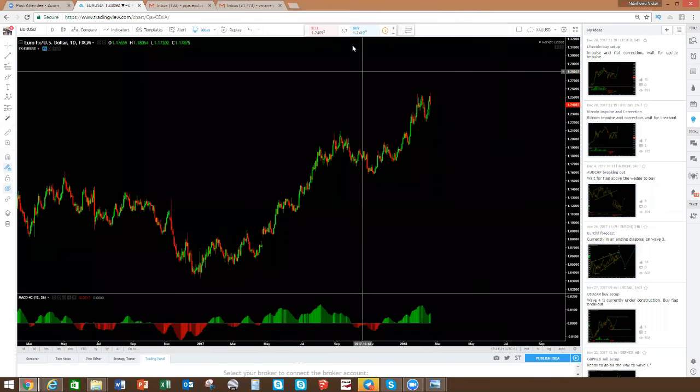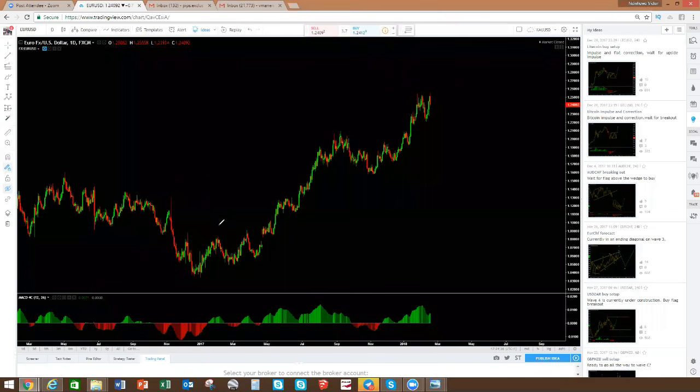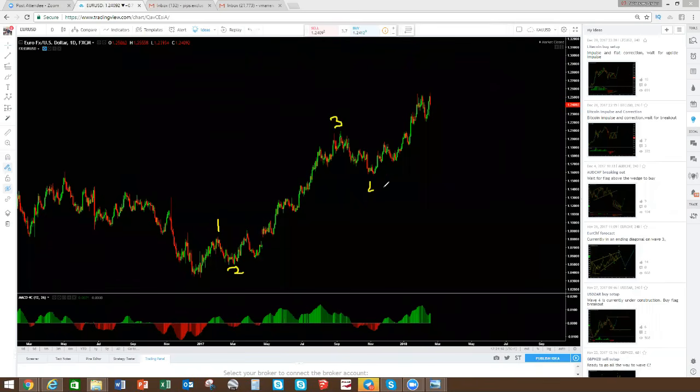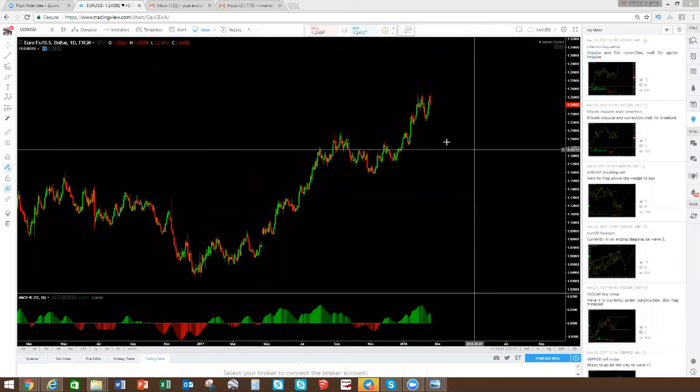So this is that whole string I was showing you with this move 1, 2, 3, 4. This is this last wave 5 that I was showing you here. So we have here 1, 2, 3, 4, 5. But now the question is whether this wave 4 here is complete, because this wave 4 could do something like this.